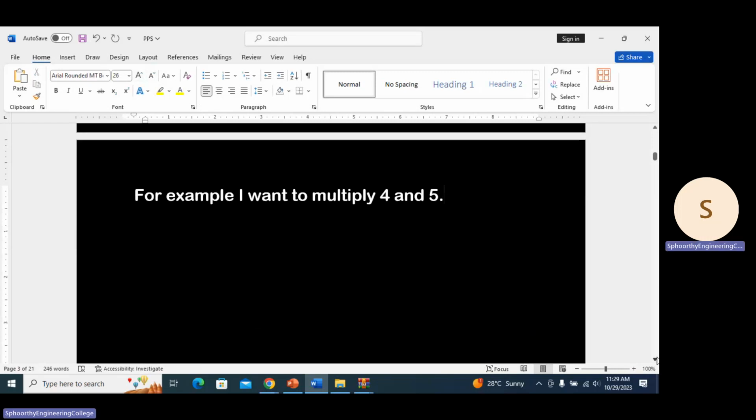Now, in order to give this instruction to computer, I should convert this 4 into binary form. 5 should also be converted into its binary form. Then for multiplication, there should be a binary instruction which I should remember. Then by using all these binary codes, I should give command to the computer.